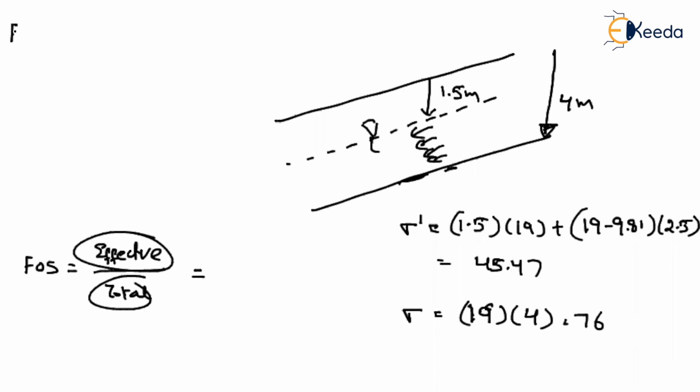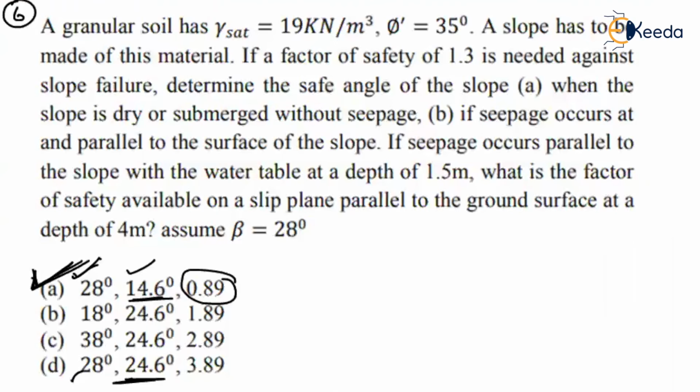So what is the factor of safety? That will be equal to the effective value 45.47 into cos square i, that's what you have to find out in this question. In the second question, what is the factor of safety available?